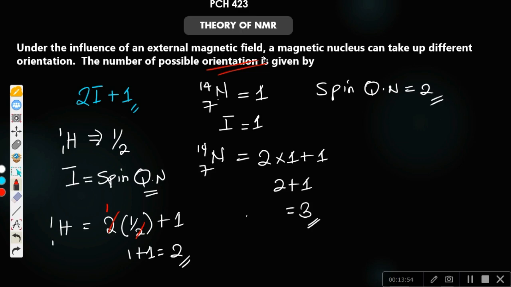Is that okay? Like we said earlier, only nuclei that have spin quantum number greater than 0 can exhibit this NMR phenomenon. Is that okay? So that is that. We'll see in the next lecture.